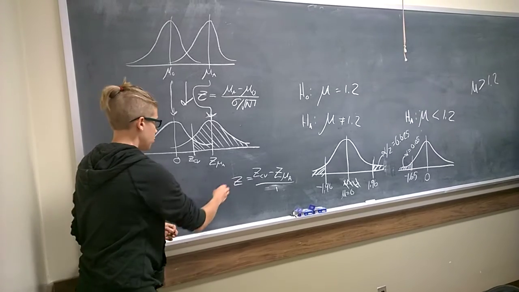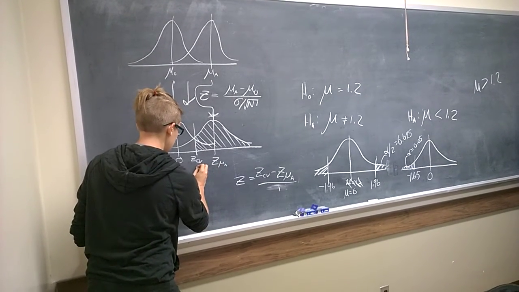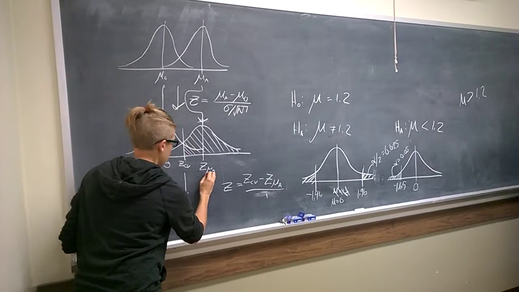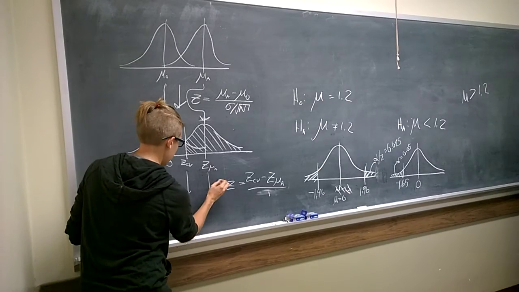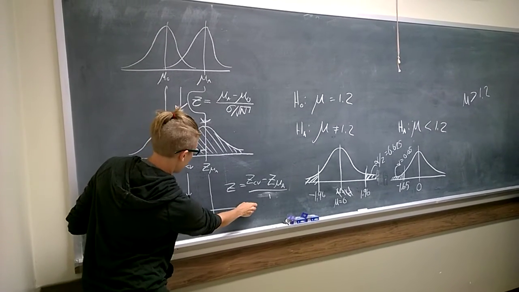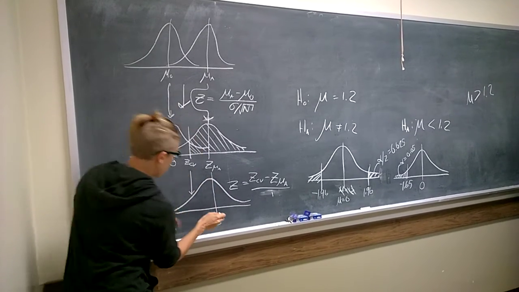Yeah, so this transformation then gives us a new distribution where this is the center. Let me draw that. So we have a distribution centered at 0 here.